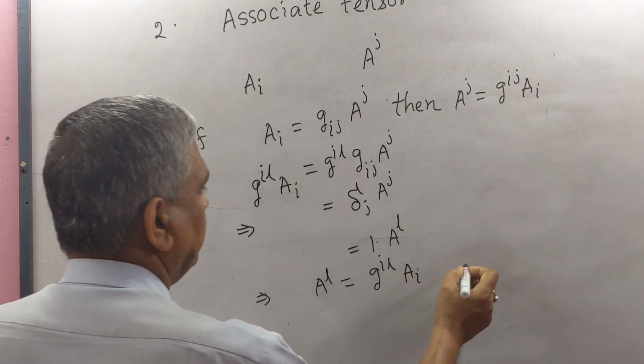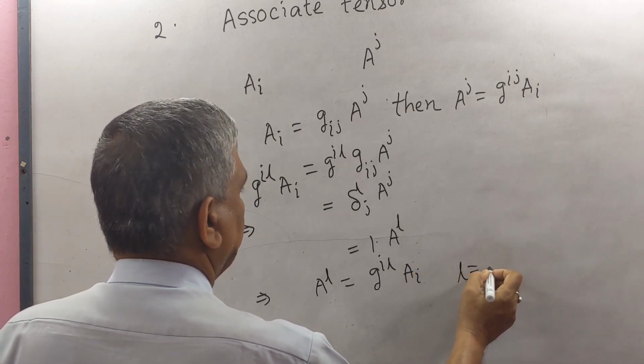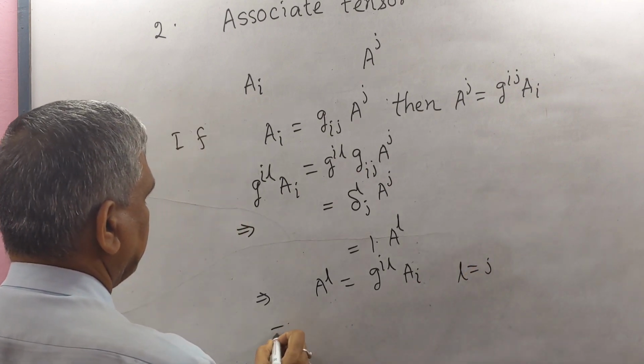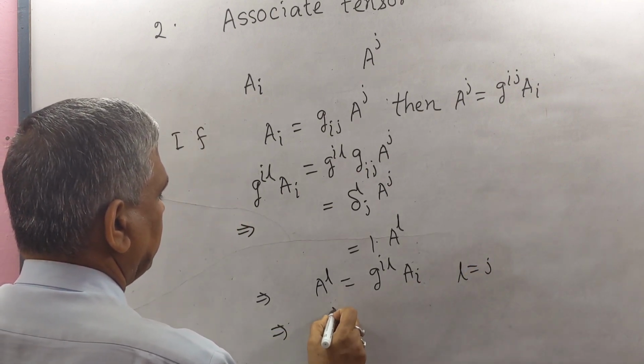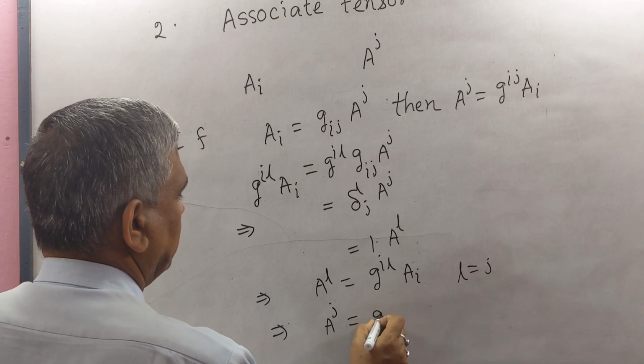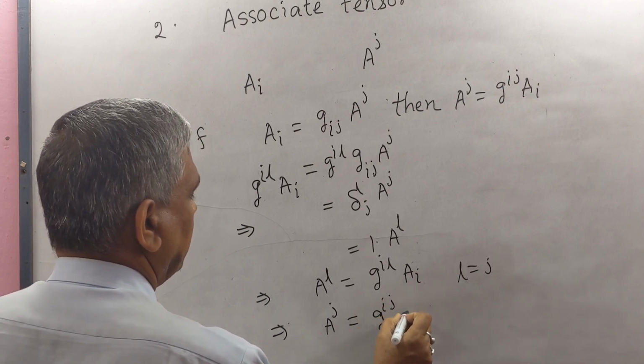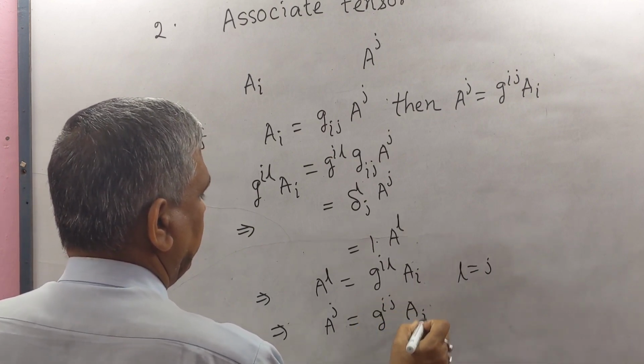Putting l equal to j, we get A^j equal to g^ij A_i. Proved.